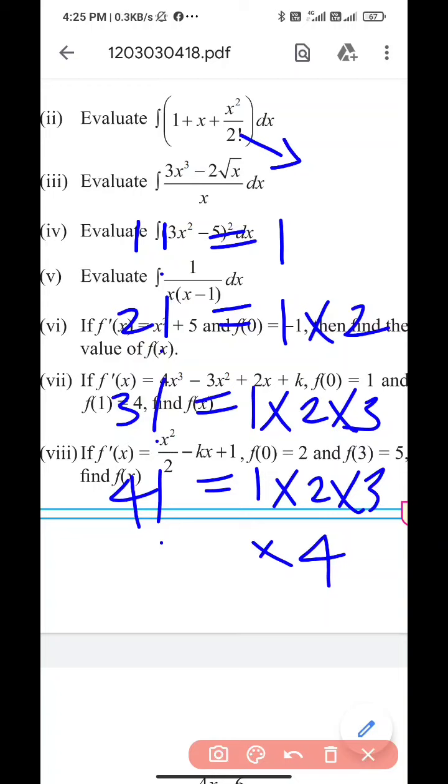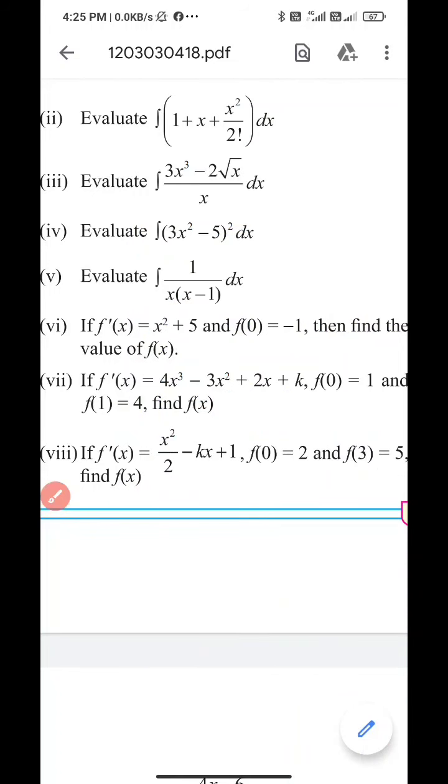It looks like an exclamatory sign, and in mathematics it is called a factorial sign. So 7 factorial means 1 into 2 into 3 into 4 into 5 into 6 into 7. That is what you should know in this example, otherwise the integration part is fairly easy.